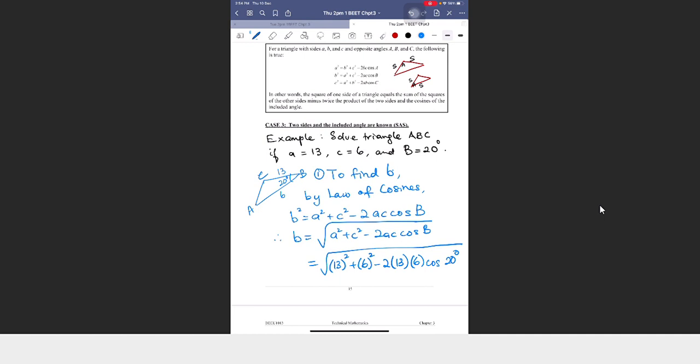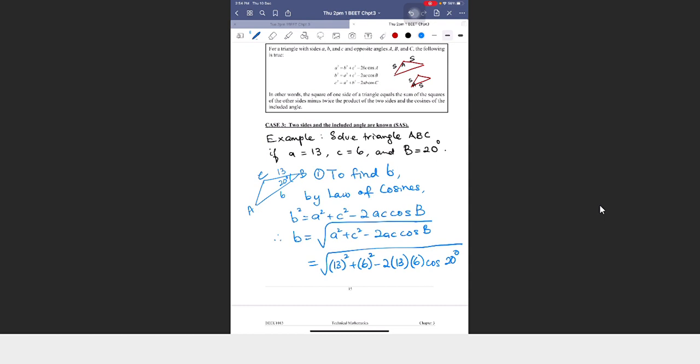13 squared plus 6 squared minus 2 times 13 times 6, and then cosine 20 degrees. Then take the square root.